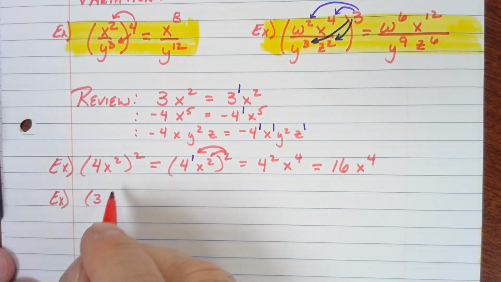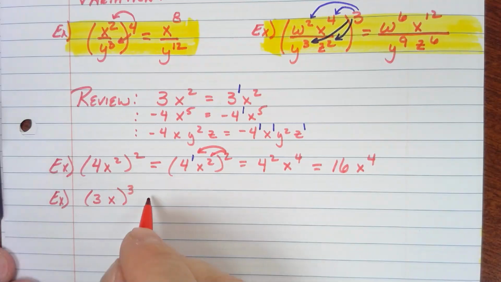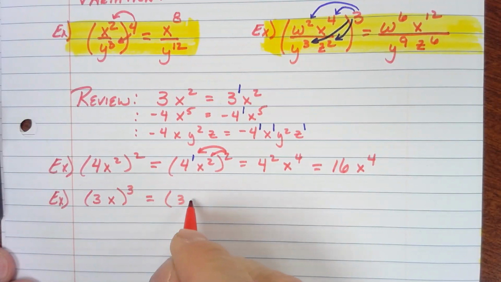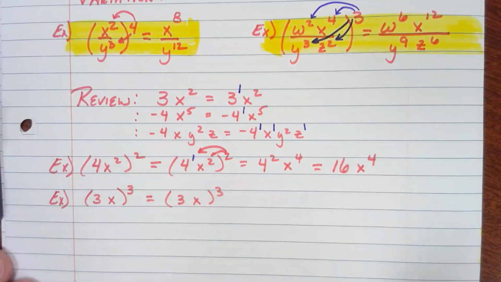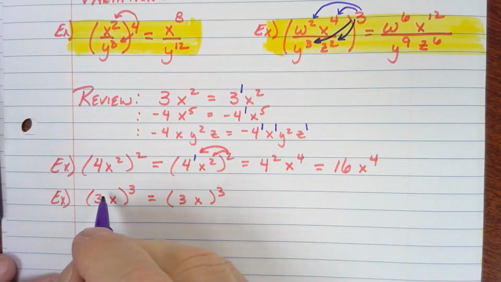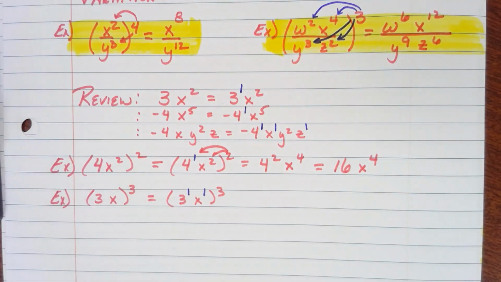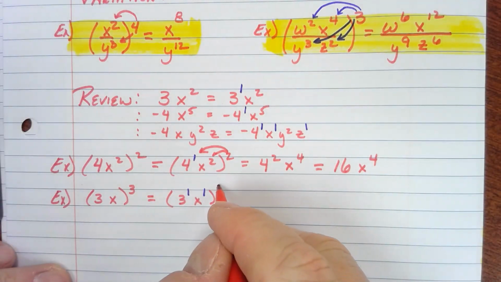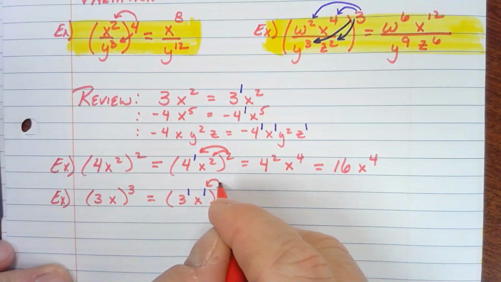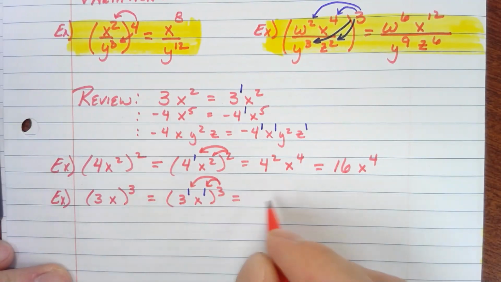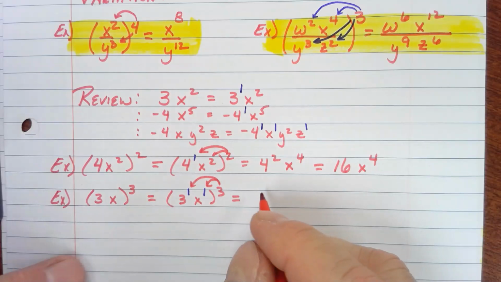Similarly, I don't want to be nonchalant and not put the 1 in. I have to be very tedious, very careful. If you do it, you will get it right. If you don't, you're going to mess it up.